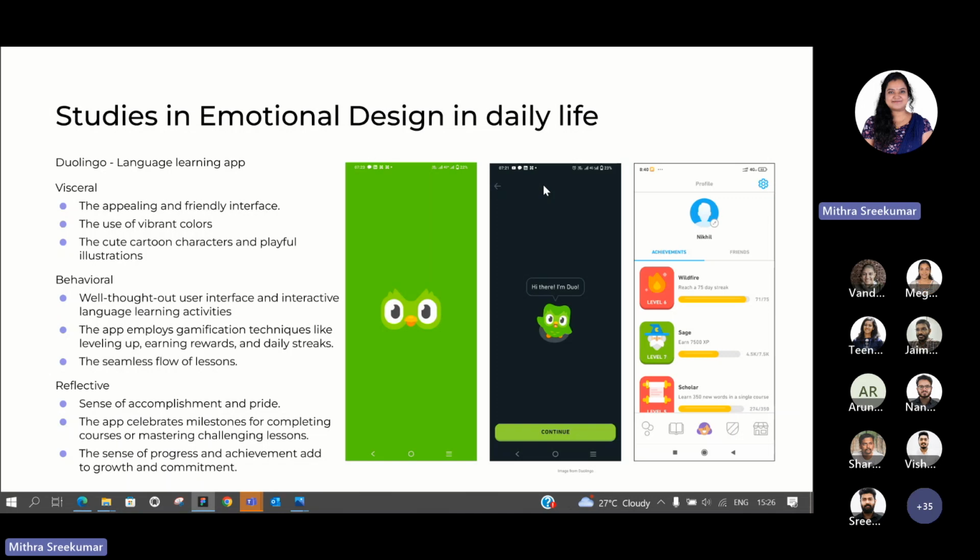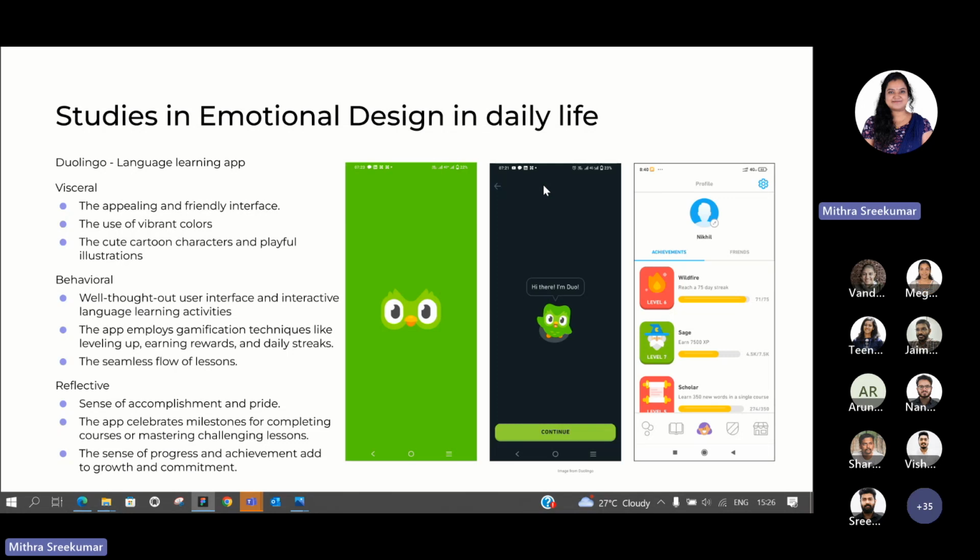And also the cute character, they call it Duo. That Duo character, a mascot kind of thing, is there, and it is always like storytelling. It will navigate us through the application. So the behavioral aspect is also seen in the seamless flow of lessons.